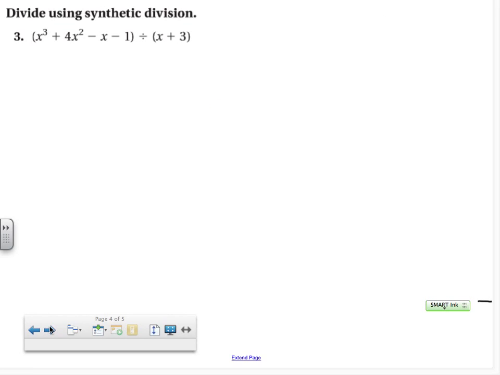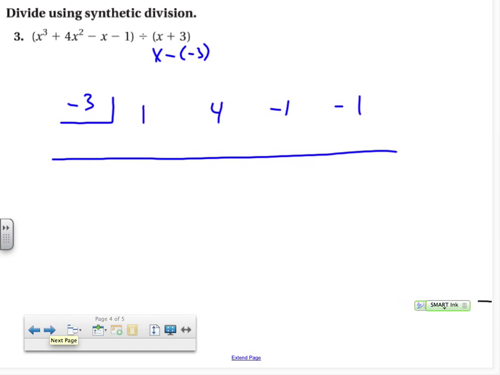All right, so let's use synthetic division here. x cubed plus 4x squared minus x minus 1 divided by x plus 3. Again, we should think of that as x minus negative 3. Write our coefficients out, making sure we don't forget one. If there's a missing one, we need to fill it in with a 0. And we'll do our add and multiply. So we're dividing by doing addition and multiplication. Right?